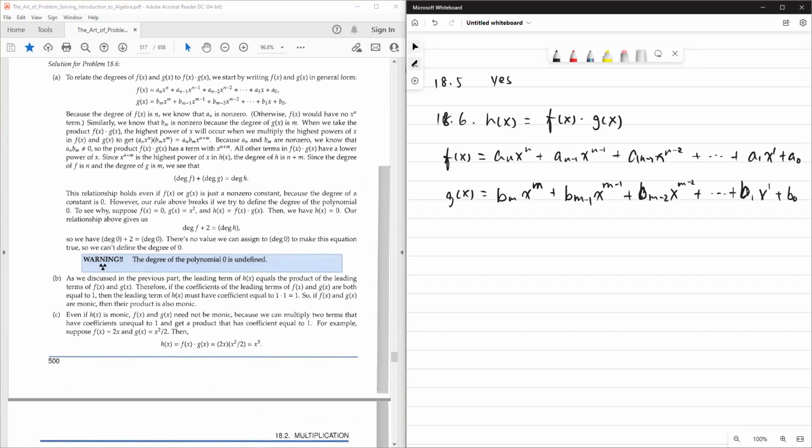Think of the long multiplication form we had earlier. The degree of f of x equals n, the degree of g of x equals m, meaning the highest term.